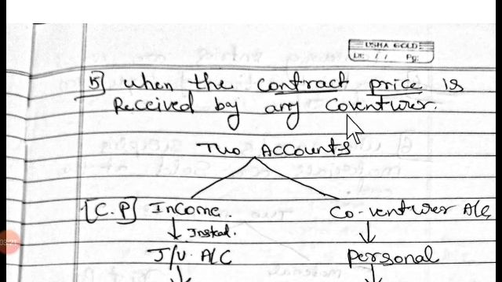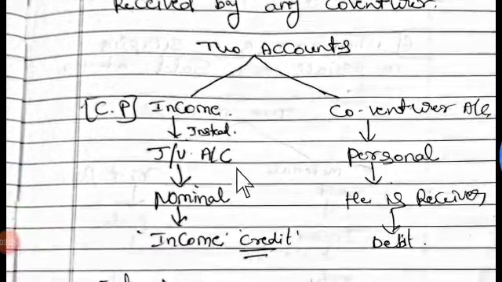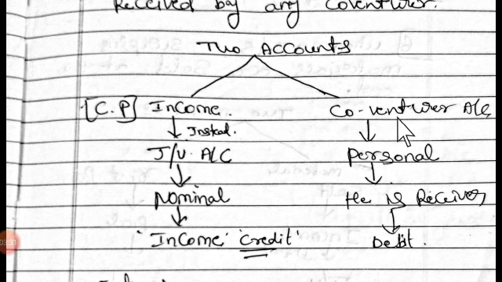Co-venturer may also receive the contract price. Here also we have two accounts. The same income, the contract price, is written as CP. Next, instead of bank account, we write co-venturer account, because the bank does not receive the amount here, the co-venturer is receiving it. So it is a personal account.